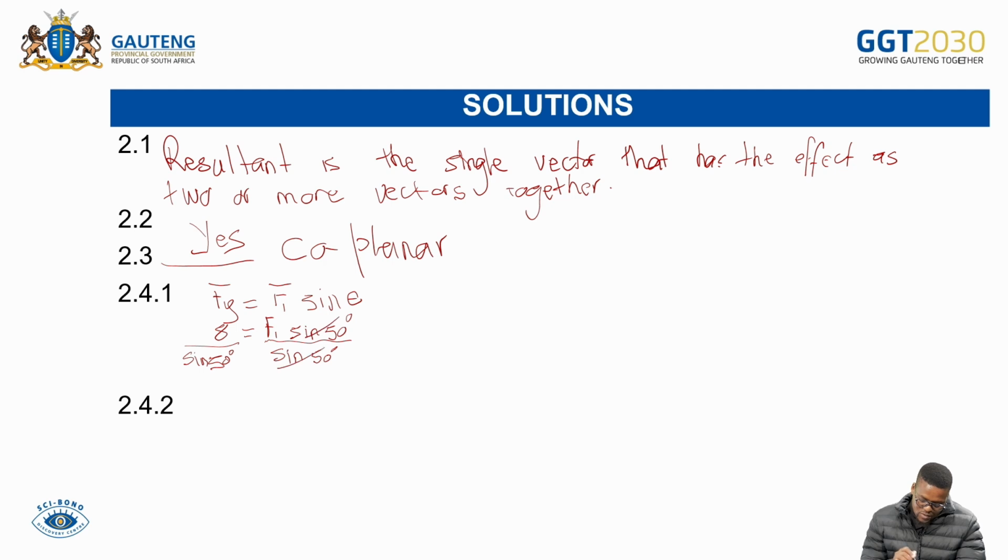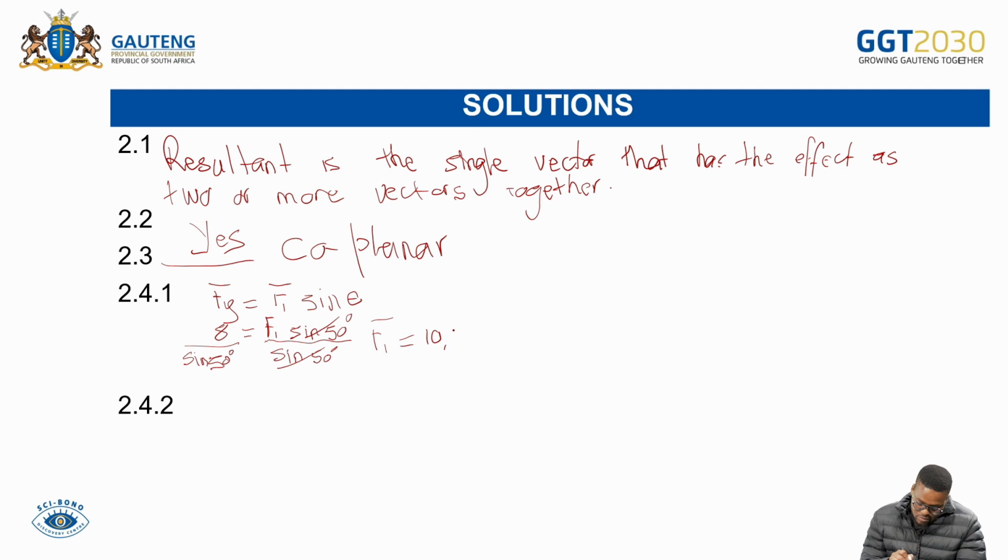This one will cancel this one. What is the value of F1 according to this component? The value of F1 should be 8 divided by sine 50, which is going to give you 10.44 newtons.